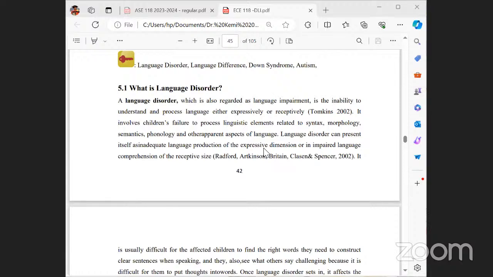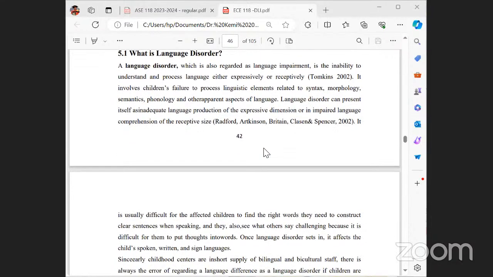Expressively, you are unable to express yourself, to speak. Receptively, you are unable to receive, that is, to hear and understand what is shared. And this can affect every aspect of the language. So it involves children's failure to process all the linguistic elements, or some of them.